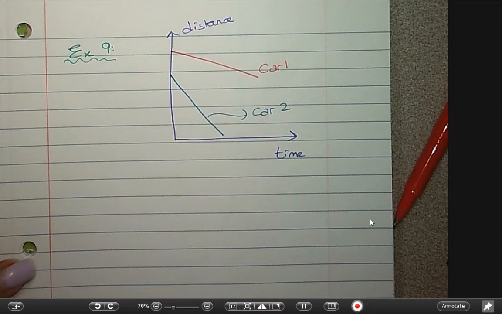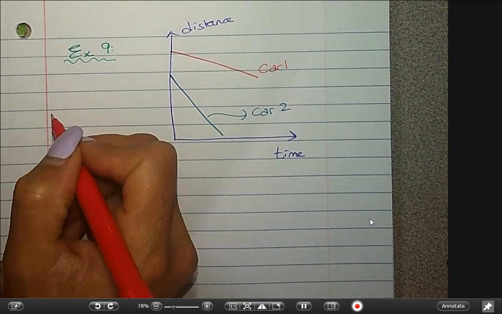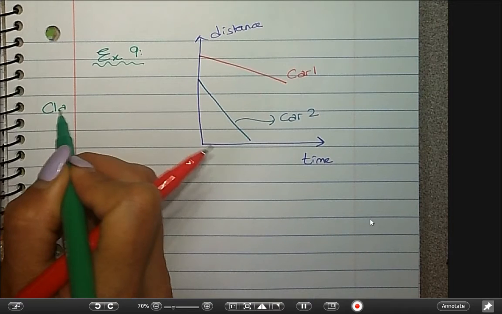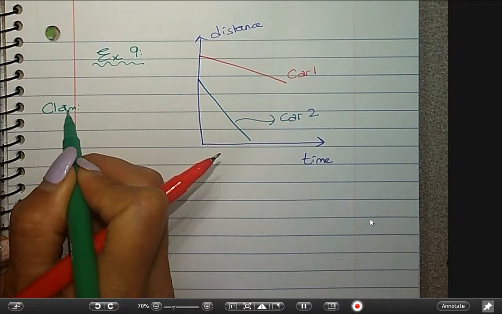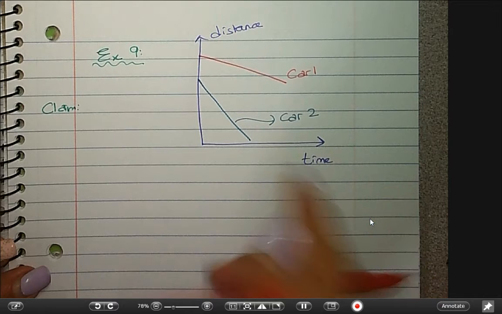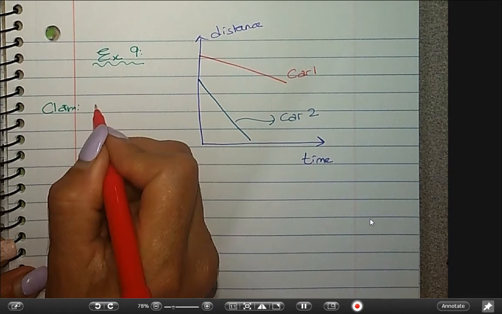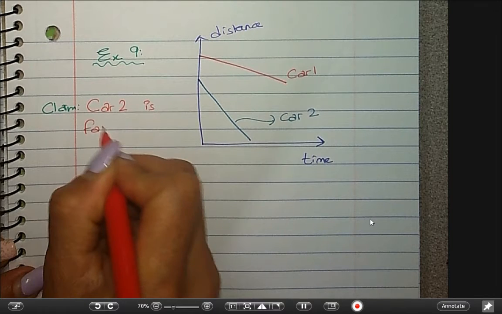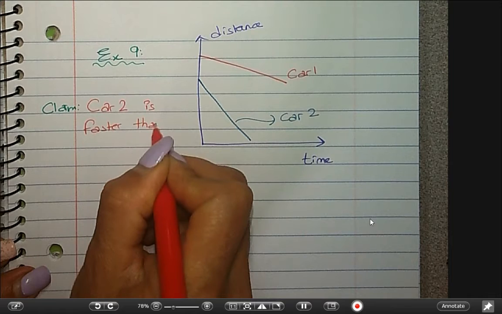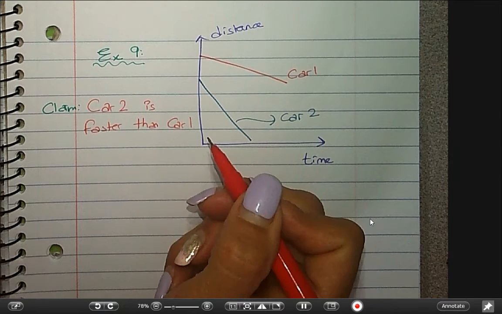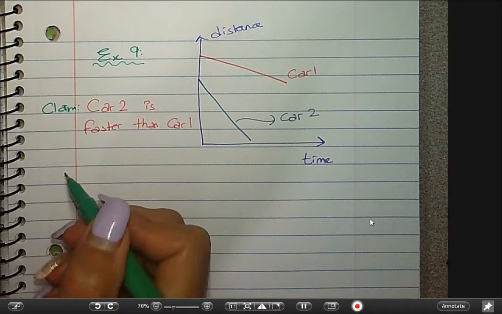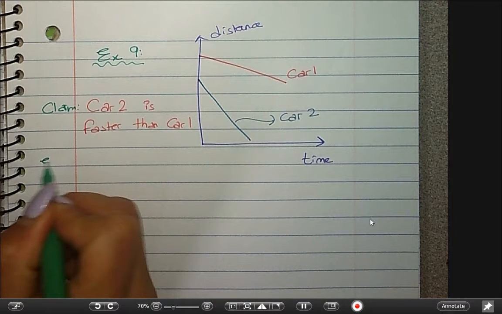So your claim would be, let me do this, claim is that I would say car 2 is faster than car 1. Now, what is your evidence?